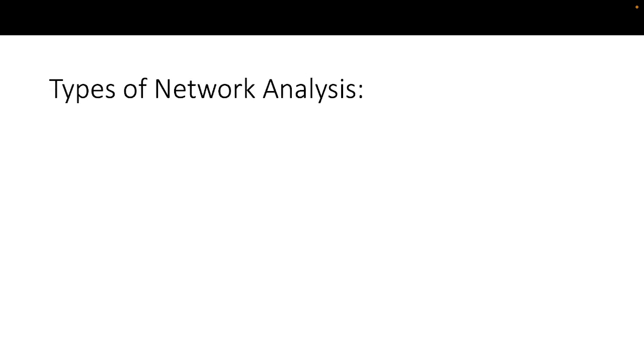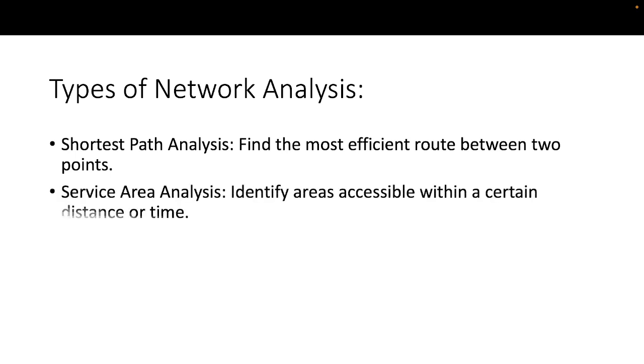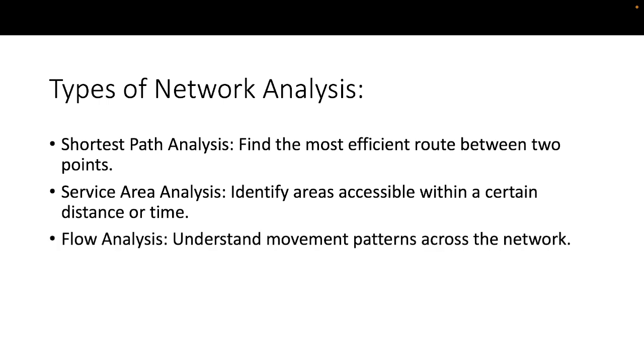And types of network analysis, such as shortest path analysis. Basically it finds the most efficient route between two points. Then service area analysis identifies areas accessible within a certain distance or time. Then flow analysis mainly understands the movement pattern across the network.